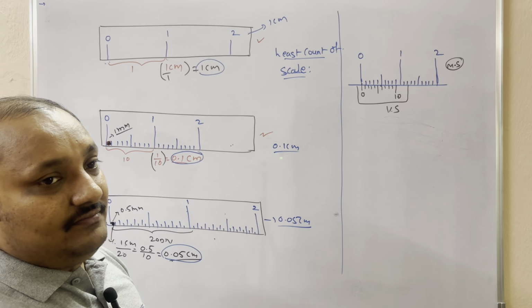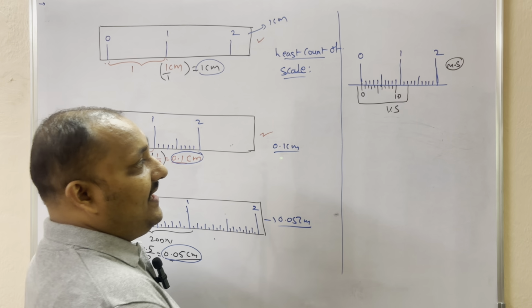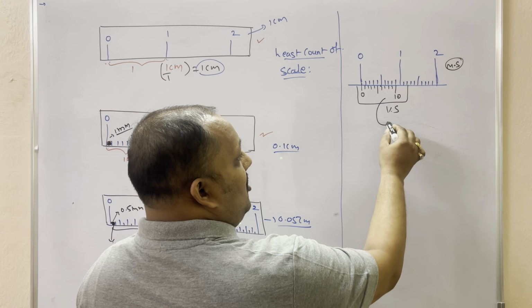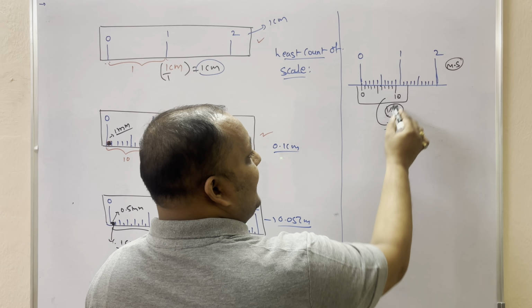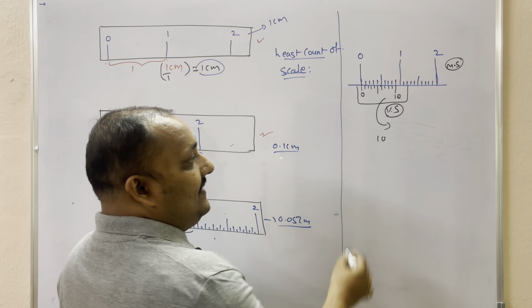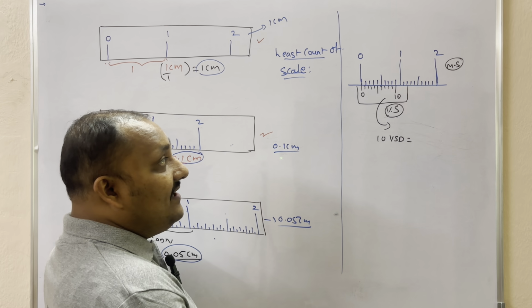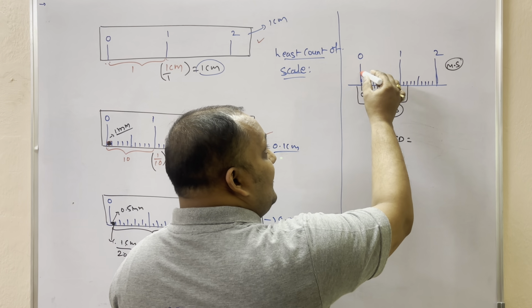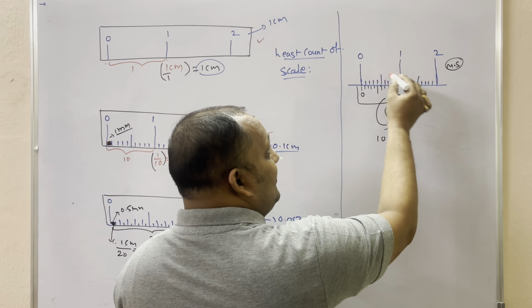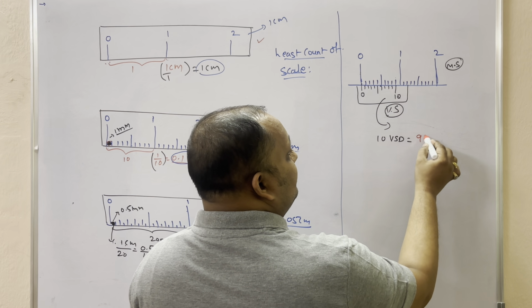If you observe this scale, how many divisions on the vernier scale are there? 10 divisions. 10 vernier scale divisions is equal to how many divisions on the main scale? Here 0 to 1 means 10, and from here to here means 9.